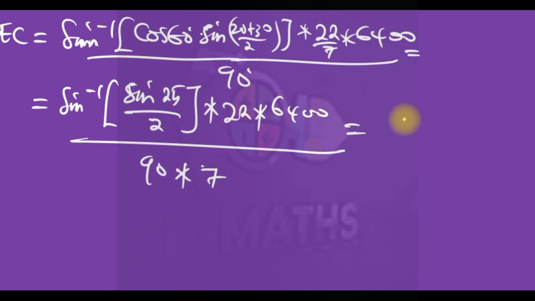So let's solve. Shift sine of 25 over 2, that's 25 divided by 2.